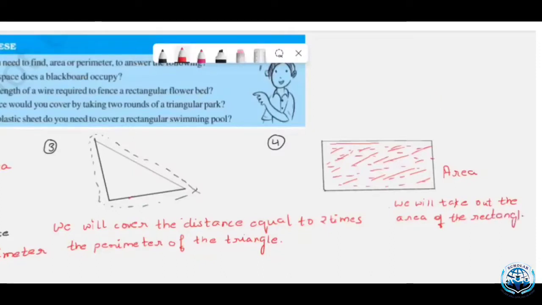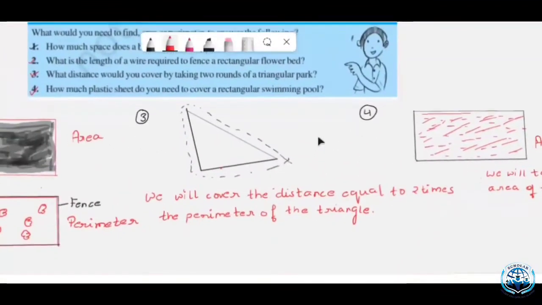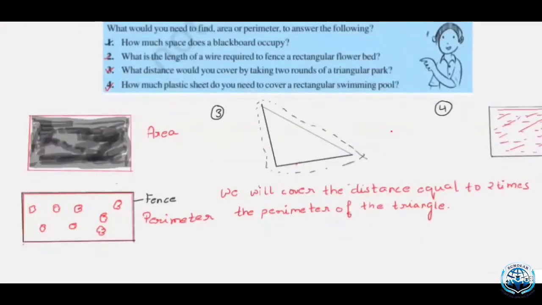This is the way to write. During exams, if you get these type of questions, you have to write in this manner. Let me tell you the language of the first and the second one.